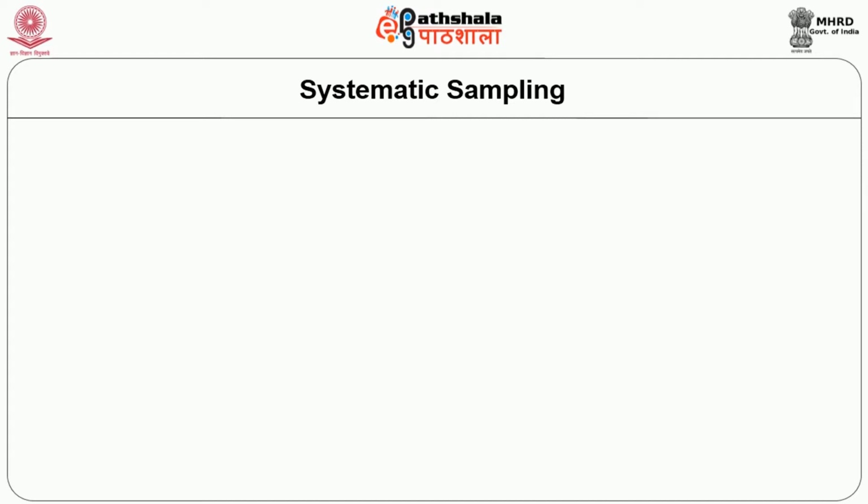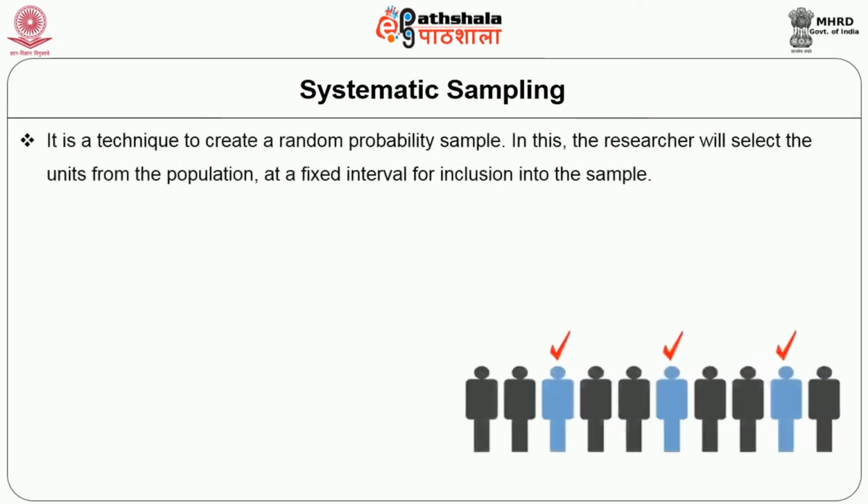From the name systematic sampling, it is understood that it involves a system or procedure. Systematic sampling is a technique to create a random probability sample. In this, the researcher will select the units from the population at a fixed interval of inclusion into the sample.